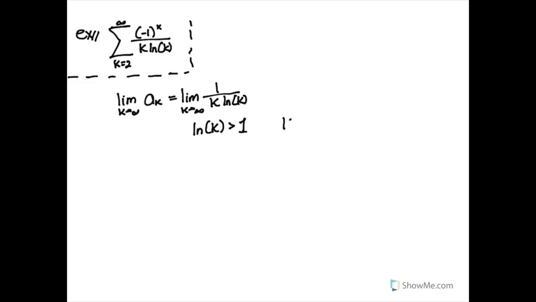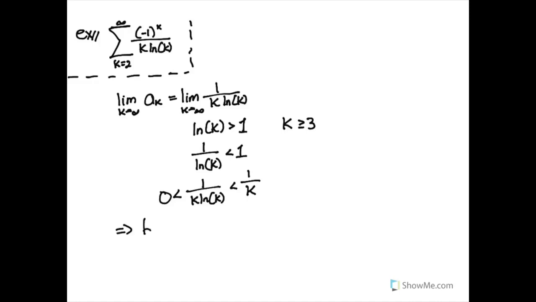This is true for k greater than e, but since it's an integer, let's say k greater than or equal to 3, which implies that 1 over ln k is less than 1, so 1 over k ln k, which is the limit we want to compute, is less than 1 over k. And this is greater than 0.